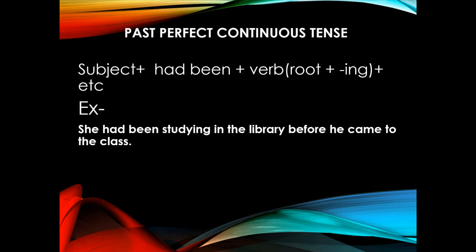The past perfect continuous tense is constructed using this structure: subject plus had been plus verb in present participle form, that means the verb in root form plus ing, plus etc. For example, she had been studying in the library before he came to the class.